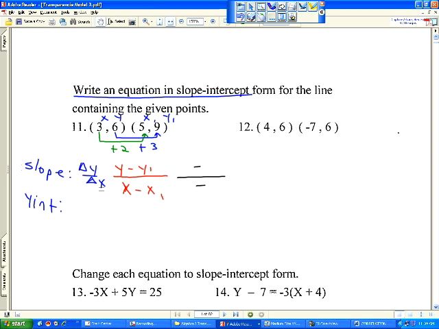So what's the y of my first point? 6. Of my second, 9. X of my first point, 3. My second, 5. So I'm going to have 6 minus 9, which is negative 3, over 3 minus 5, which is negative 2. What do we not like about the way the slope is written?